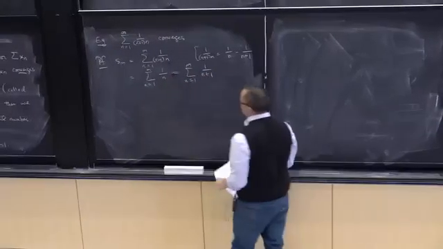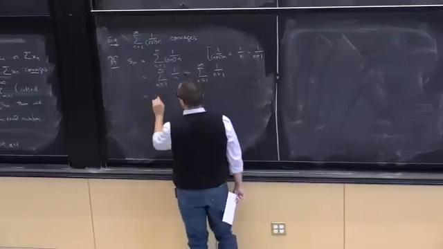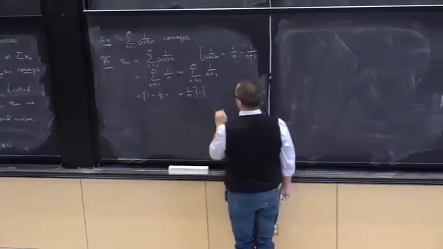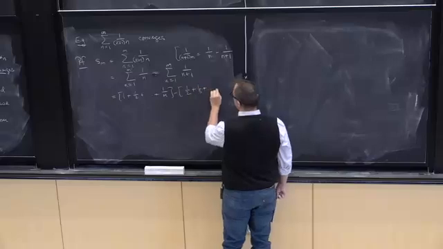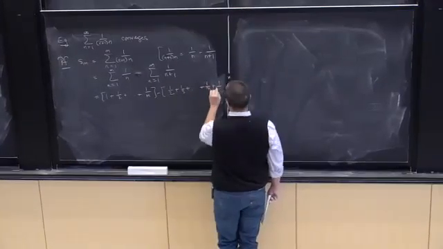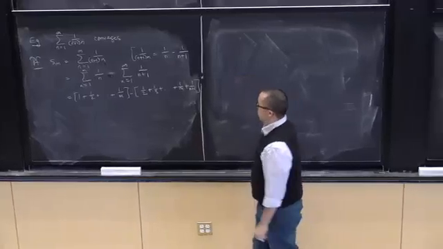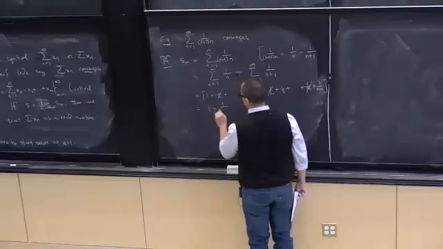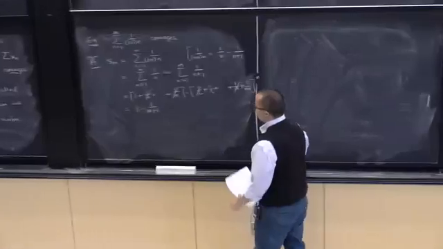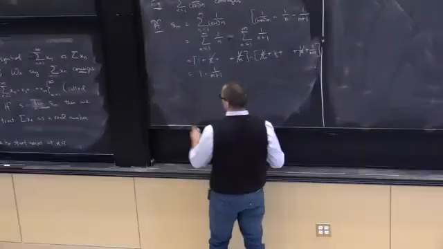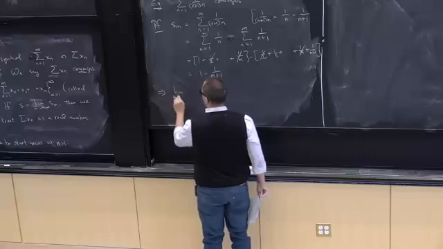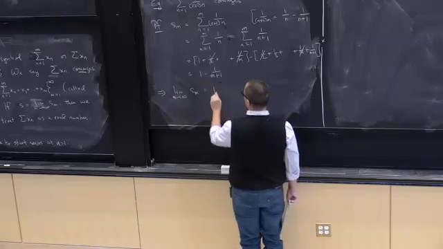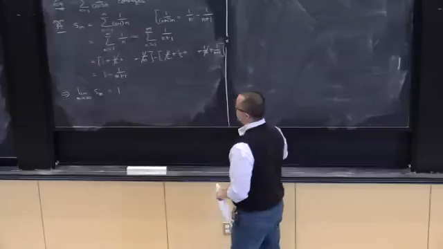And so now this is equal to 1 plus a half plus up to 1 over m, minus a half plus a third plus up to 1 over m plus 1. And you see all of these cancel, and all that's left is 1 minus 1 over m plus 1. So the mth partial sum is equal to 1 minus 1 over m plus 1, and therefore the limit as m goes to infinity of this is just 1. And therefore this series converges.